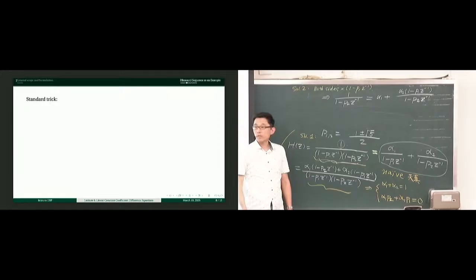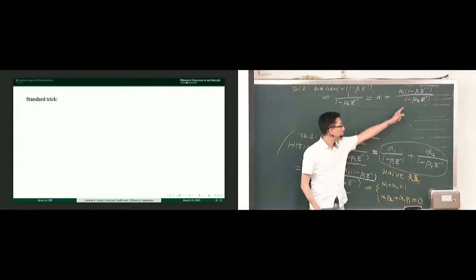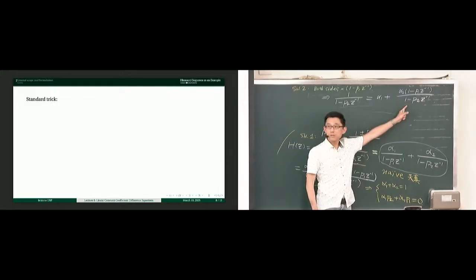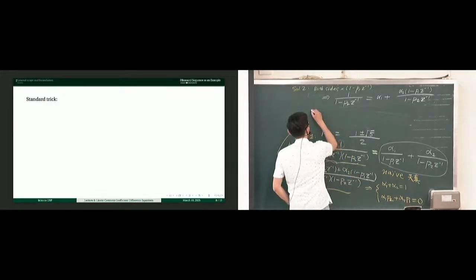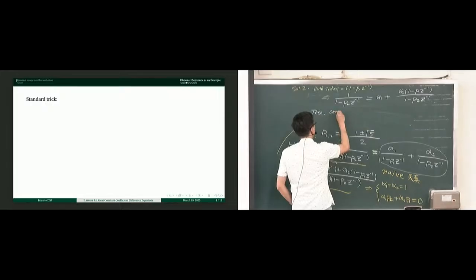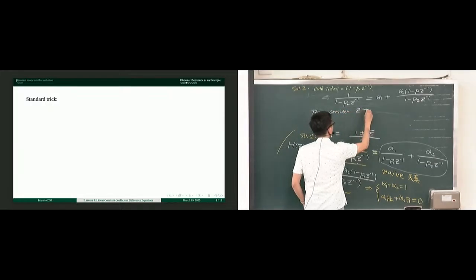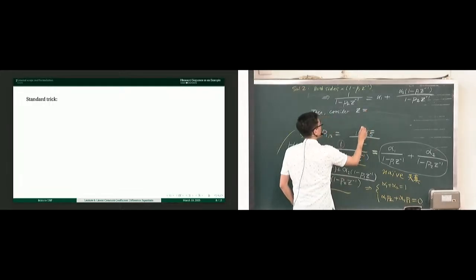And the next step is to let this term, which is big, vanish. We want to make it disappear. Okay? All right, so that's the spirit. So next is to consider Z equals to what?